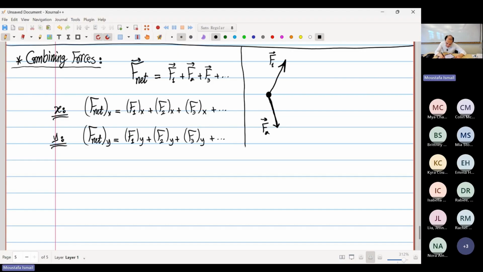The tail is at the same point. So you use the parallelogram method where you draw parallels like this. And then the diagonal is the net force. So this force would be F net. Okay, so you have 2 approaches. This is a graphical picture, and this is algebraic.